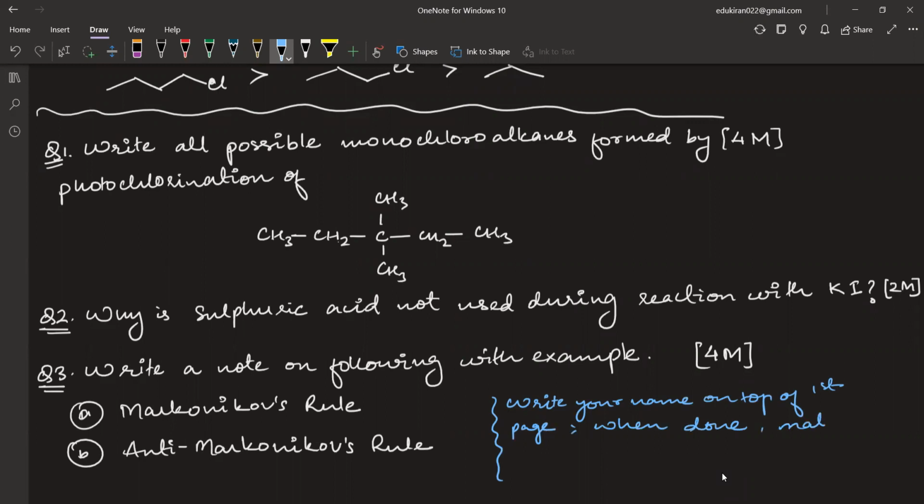When done, make a PDF and send it to me, and don't send it to Learnivio, send it on WhatsApp.